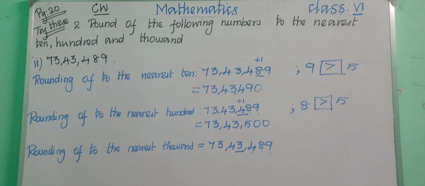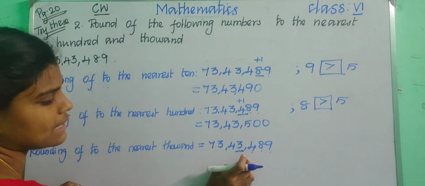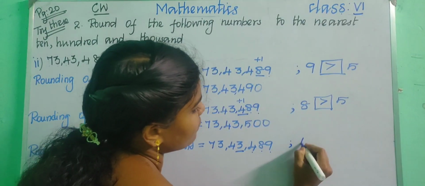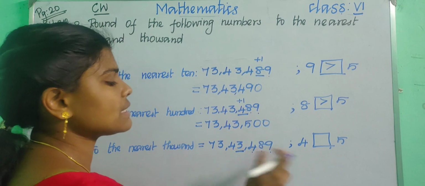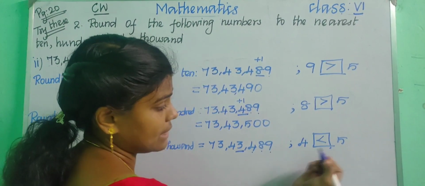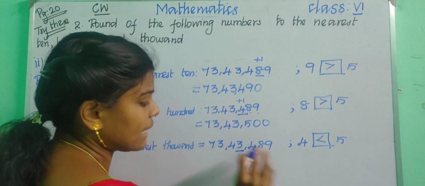Okay, children, so what is the next step we need to do? We are going to take the next number which we are going to round off. So which is the next number? 4 is the next number, right? So we are going to check whether this 4 is greater than or less than 5. Less than 5, is it, children? So what do we need to do? We are just writing the same digit.